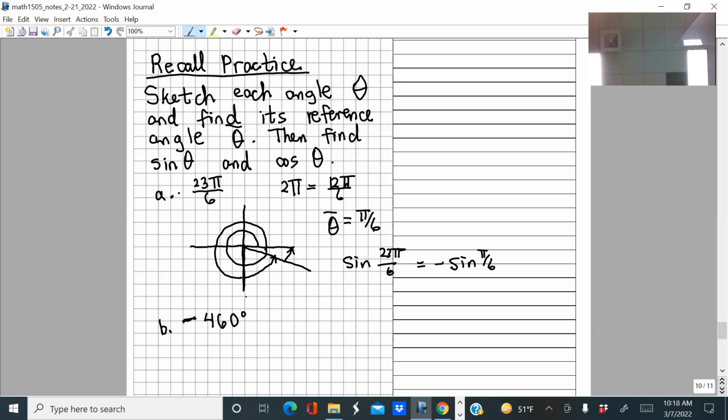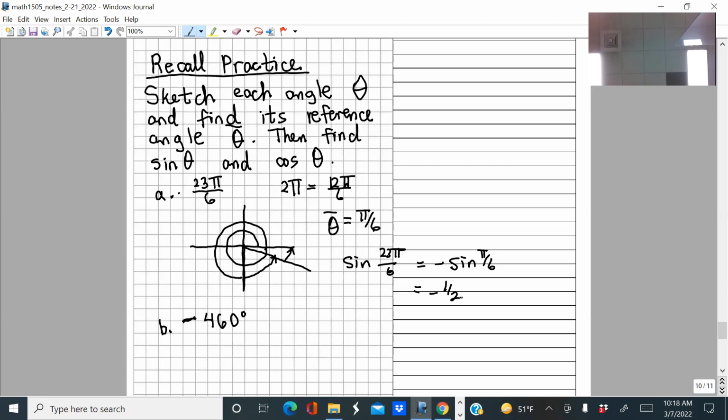So we write down minus sine of pi over 6, and now we have to remember what that was. Was that 1/2? Yeah, okay. So now you've got the exact value for sine of 23 pi over 6.